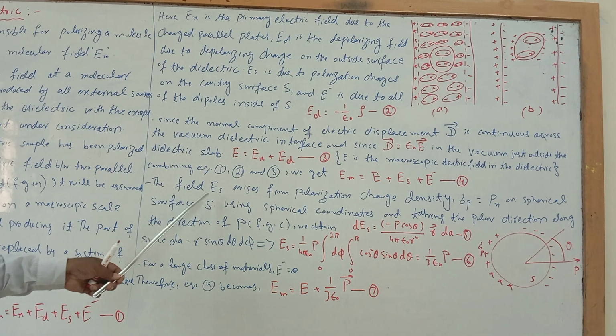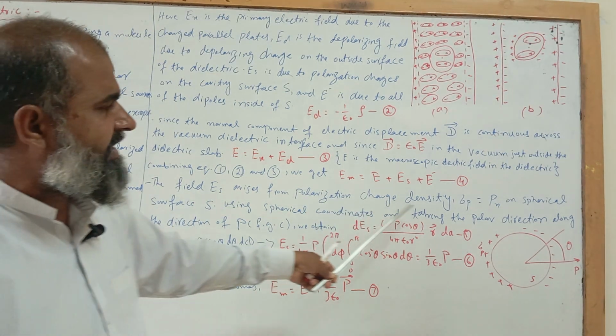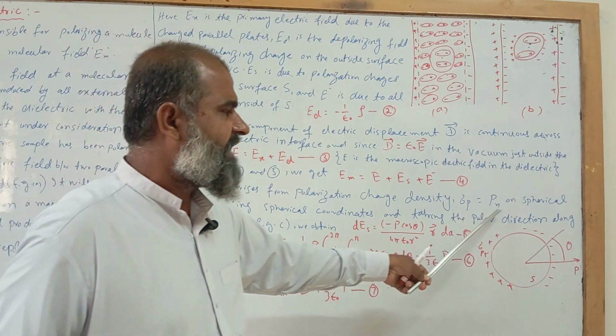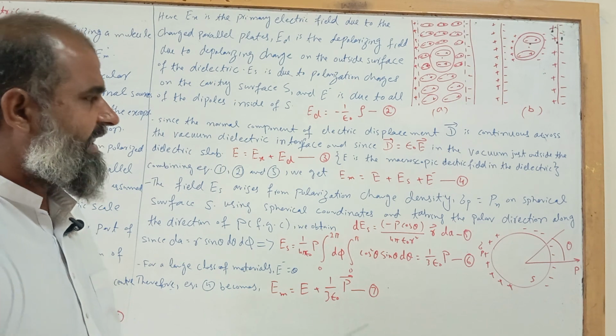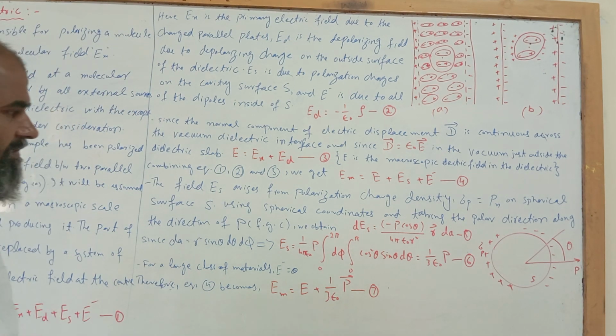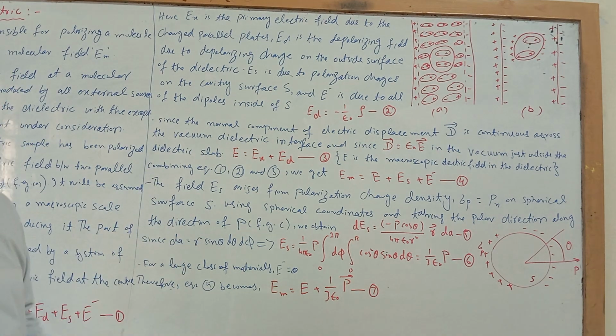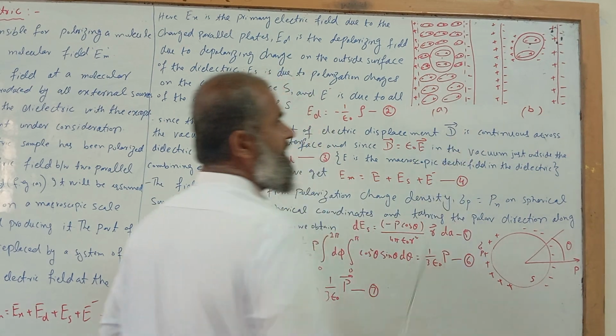And then the field Es arises from polarization charge density sigma p, which is equal to Pn. We have studied that Pn is also the polarization density on spherical surface S. So we can use the spherical polar coordinates if this is the spherical surface.